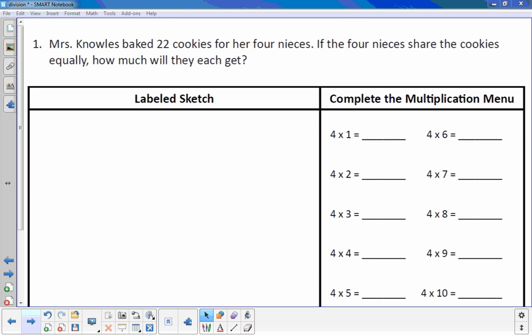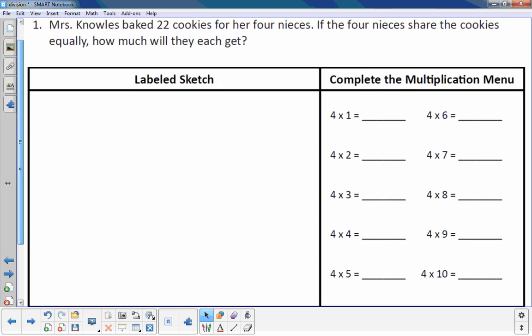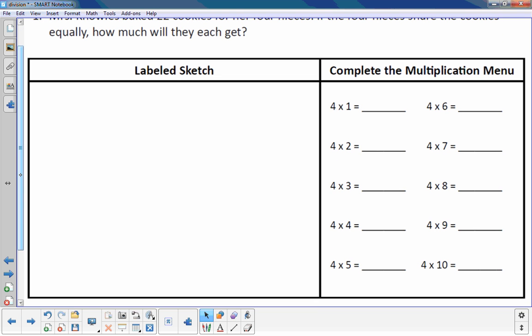One thing I have my students do is make a multiplication menu first, which is on the right.